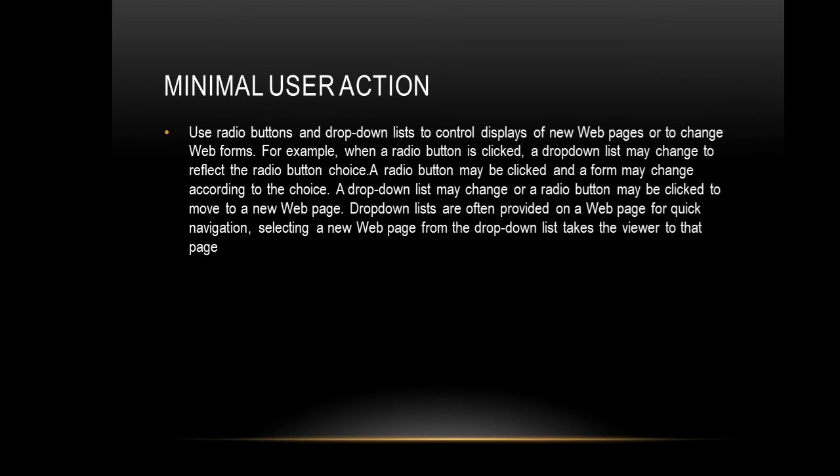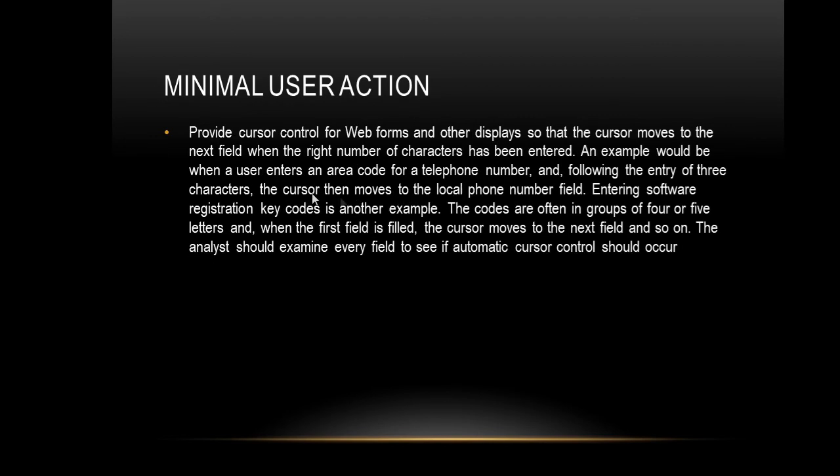Drop-down lists are often provided on a web page for quick navigation. Selecting a new web page from the drop-down list takes the viewer to that page. But I think you can follow this or not, so you can also use other ways to do this.